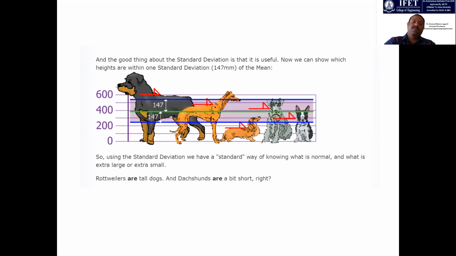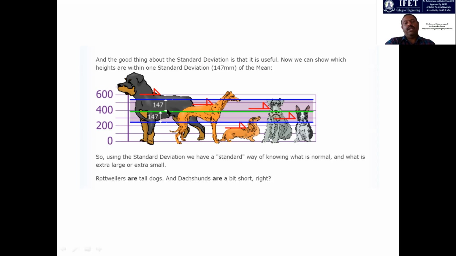At the maximum it goes to 147 mm. Even in the very worst case, the lower dog height will deviate by 147 mm. There is an upper 147 and a lower 147.